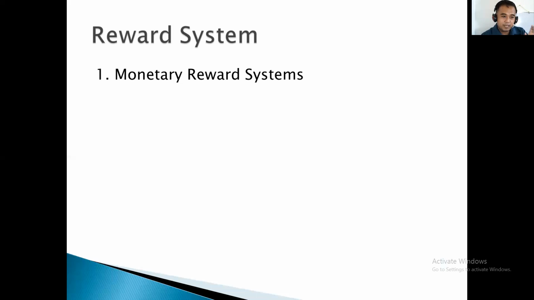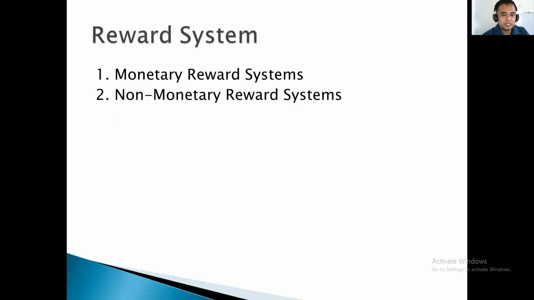So they can be assigned in each team, if this team achieves the satisfactory requirement, there will be monetary rewards. Okay. And there are also non-monetary rewards, which include top performer award, employee of the month certificate, and other things.